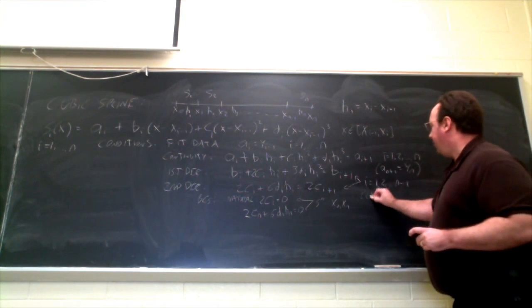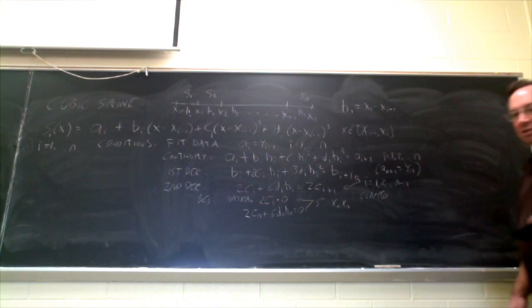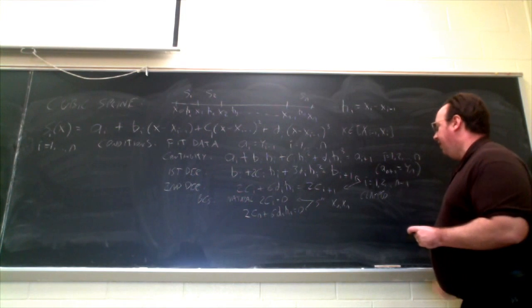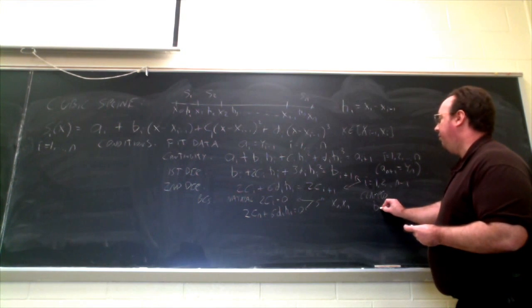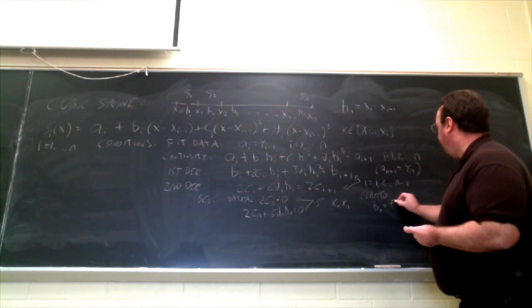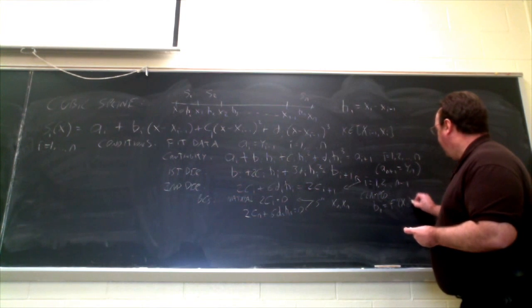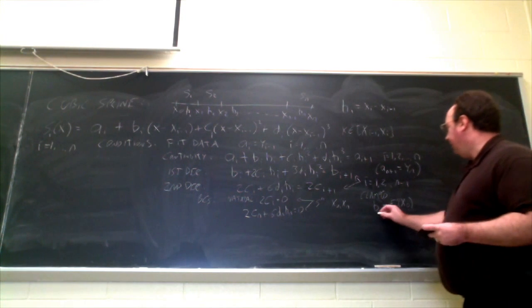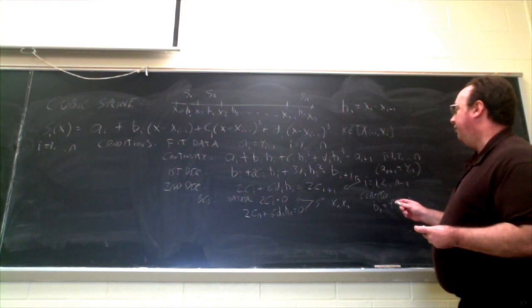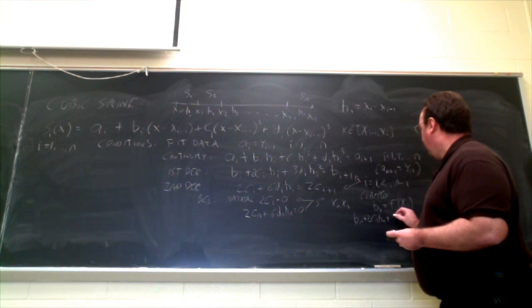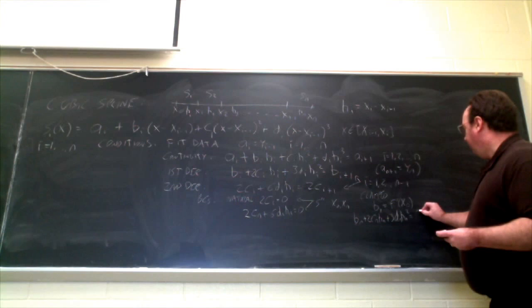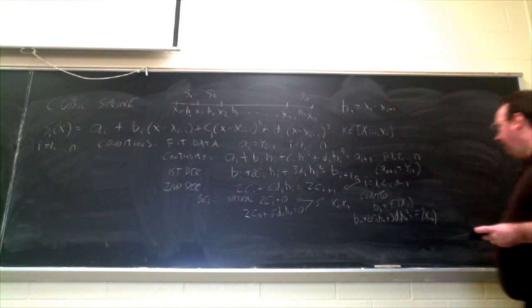And then we also have the clamped boundary conditions, which state that the first derivative b1 is equal to the given value f prime at the left endpoint, and then the first derivative at the other end, which would be b_n plus 2c_n h_n plus 3d_n h_n squared, equals f prime at x_n.